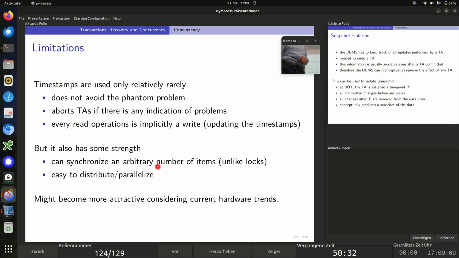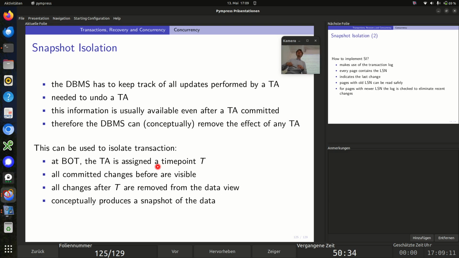And the idea is, okay, instead of having pessimistic approaches, let's have snapshot isolation. Snapshot isolation is an optimistic approach. So at the beginning we do nothing. At the beginning we just do what we do, and at the end we check. And the idea of snapshot isolation is, okay, what is a snapshot? You know, like making a photo.